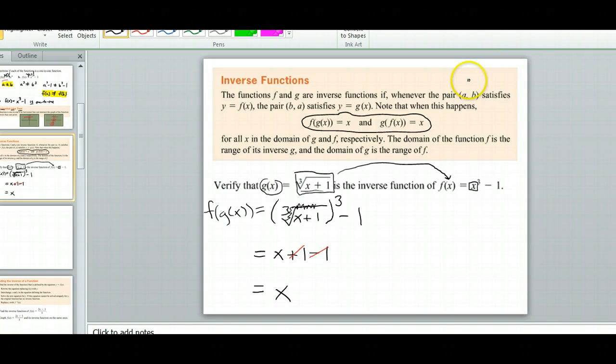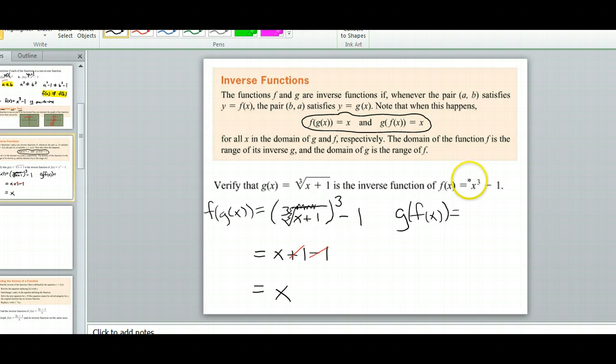Now go back the other way. g of f of x. Now we're putting the f function into g, so we're going a different route this time. Now we're taking this entire f function, all of this, and we're replacing the x in the g function with that.